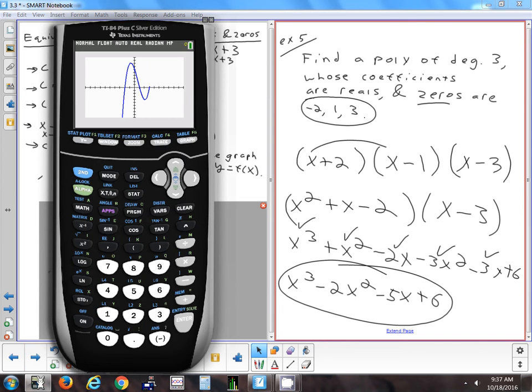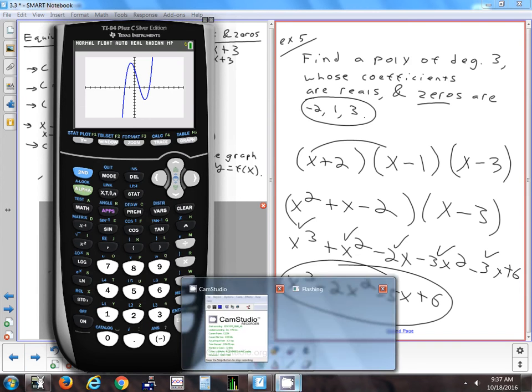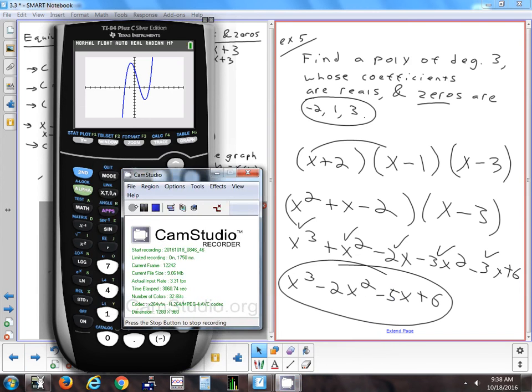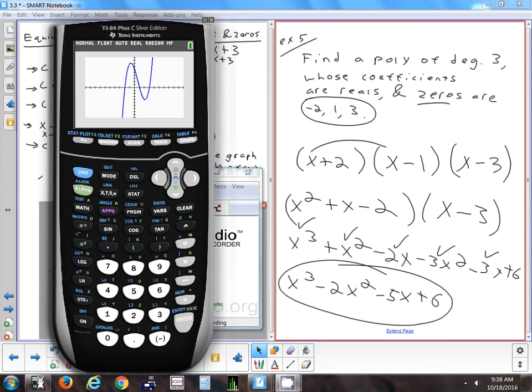Looks good. Any questions on how we did that? Taking this and working backwards to get the factors is a little harder, but if you're given the factors, it's not too hard to find that.